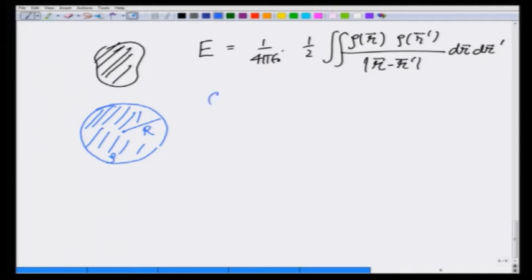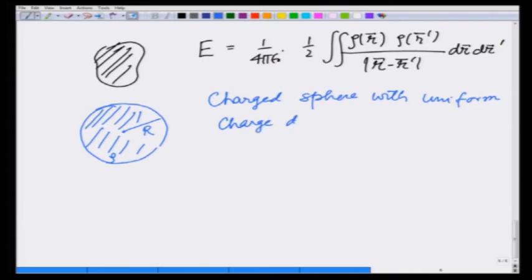So, a charged sphere with uniform charge density rho over its volume. So, the net charge is going to be 4 pi by 3 R cubed times rho.